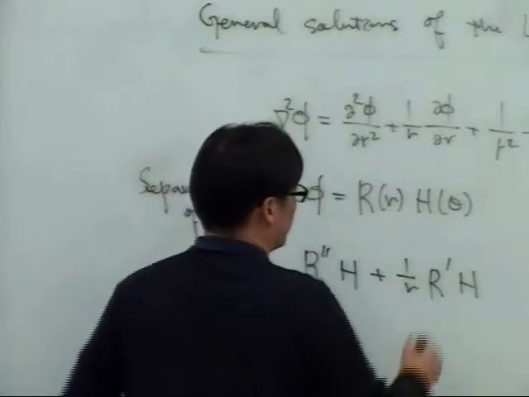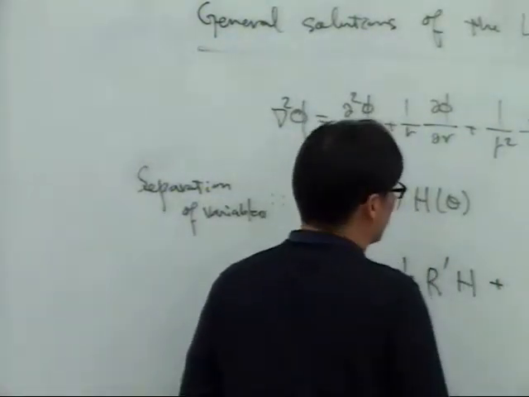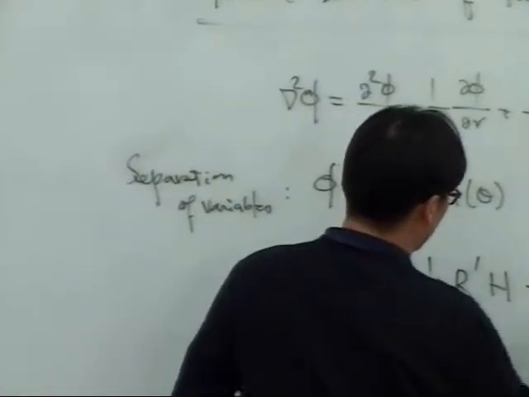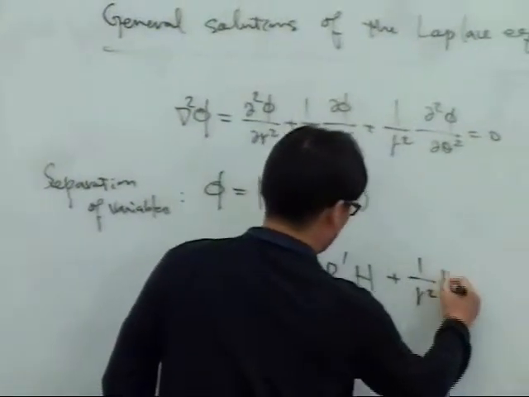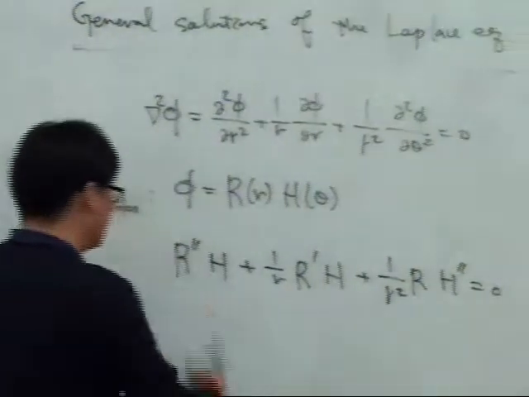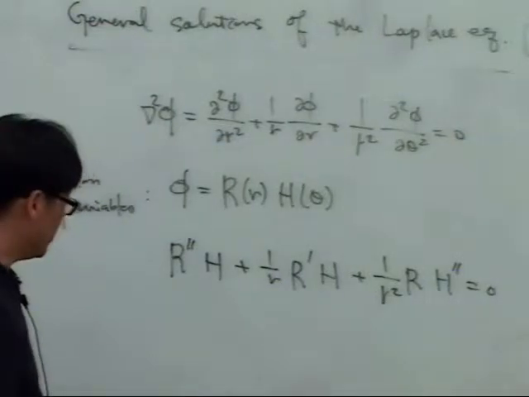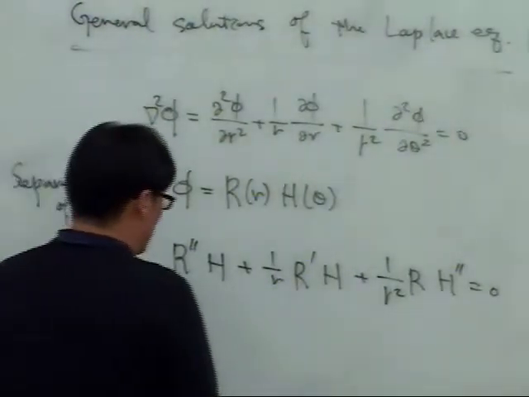Then when I take the second derivative with respect to theta, I'll get r squared R h double prime equal to 0, where prime means taking the derivative with respect to r, and for h, with respect to theta.